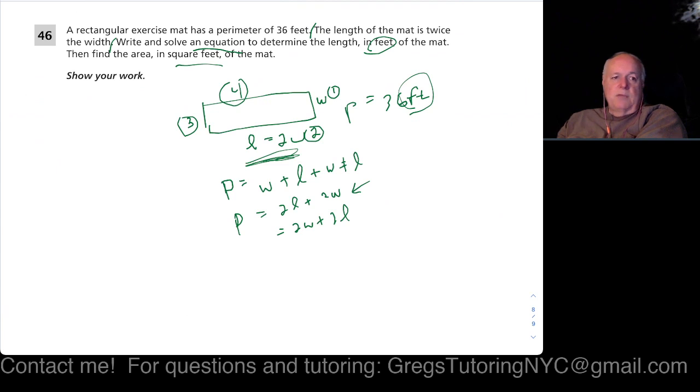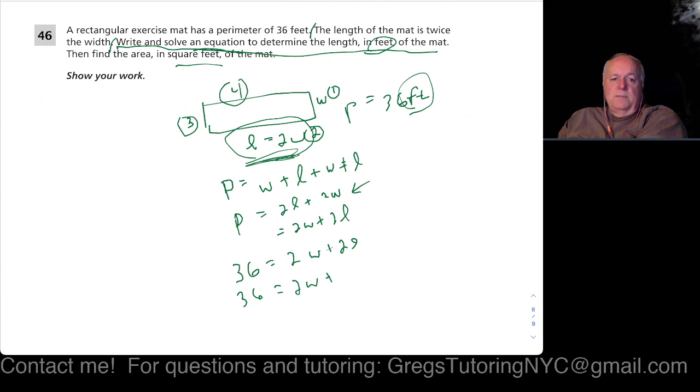So then it says, write and solve an equation to determine the length of the mat. We know that the perimeter is 36. So 36 is equal to 2W plus 2L. Furthermore, since we know L is 2W, we can say 36 is equal to 2W plus 2 times 2W.